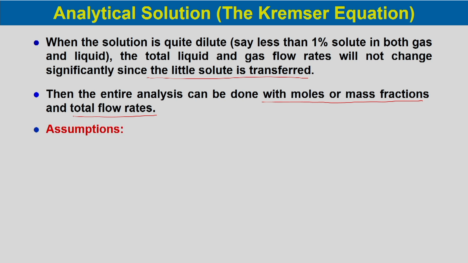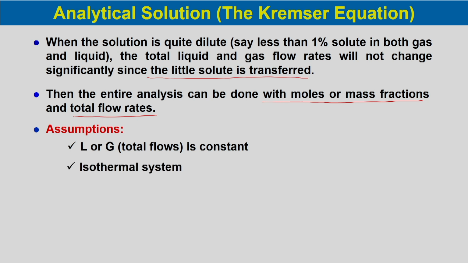There are some assumptions which we need to take to use this analytical method of solving equilibrium cascades. L or G, that is liquid or gas, total flows are constant. That is the assumption. Isothermal system, so the system will operate at a fixed temperature throughout the operation.